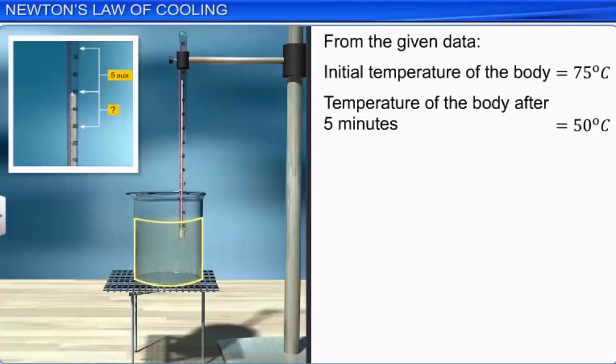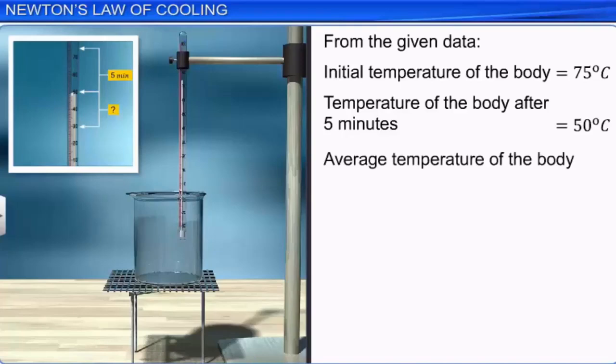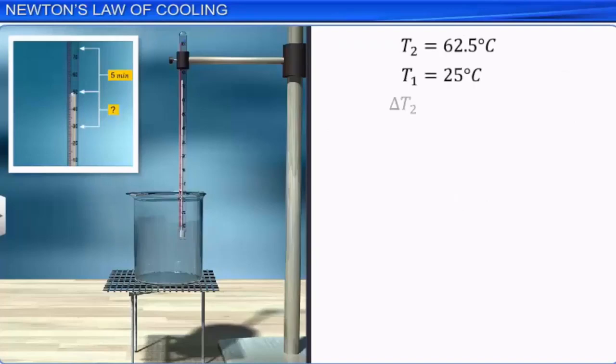When the body is cooled from 75 degrees Celsius to 50 degrees Celsius in 5 minutes, the average temperature of the body is the average of 75 degrees Celsius and 50 degrees Celsius, which is equal to 62.5 degrees Celsius. Delta T2 is equal to minus 25 degrees Celsius. Minus delta T2 is equal to 25 degrees Celsius. Delta T is equal to 5 minutes.